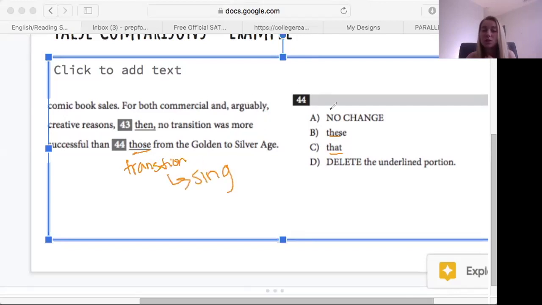So those is plural, so that one's out. These is plural, which is also out. I know that I need the transition in there, so I can't just take it out. So delete is out. I also know that that is singular, therefore that would be my correct answer. So if you thought C is the correct one, awesome, great job, because that would be correct.